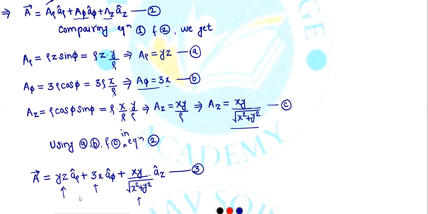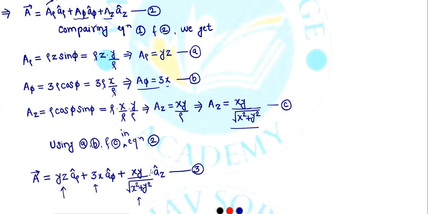So that's why I have said it is partially Cartesian system and partially cylindrical system, since we have the unit vectors along the rho, phi and z directions, which represent the cylindrical form of the vector. So we have a partial vector which is expressed in terms of the Cartesian as well as the cylindrical system.